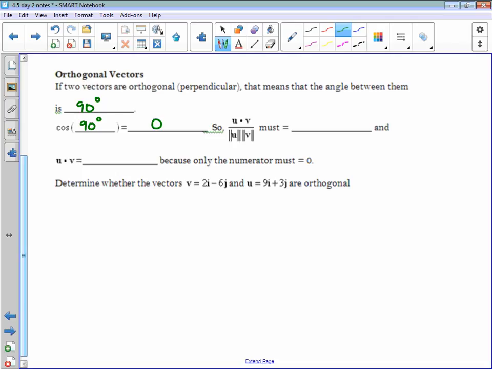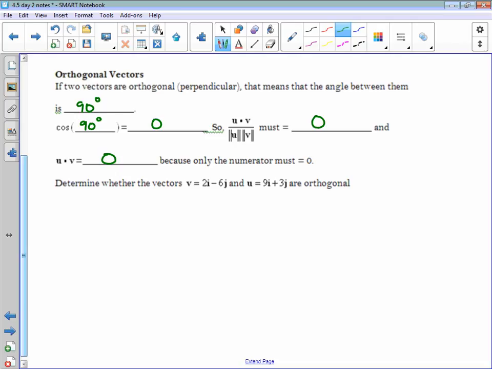Do you remember that's our formula for the angle between 2 vectors, u dot v over magnitude u magnitude v? So if the angle between them is 90, that all has to equal 0, okay? And if you want your fraction to equal 0, just the numerator has to equal 0.